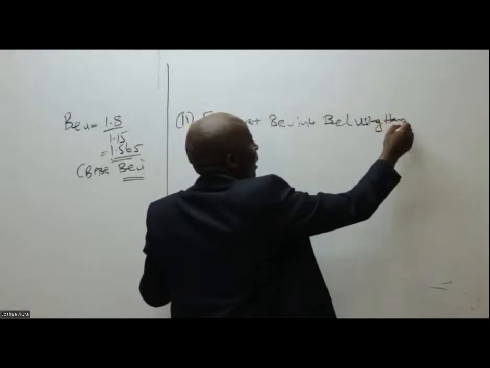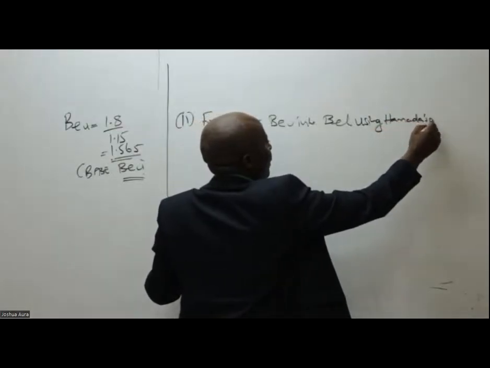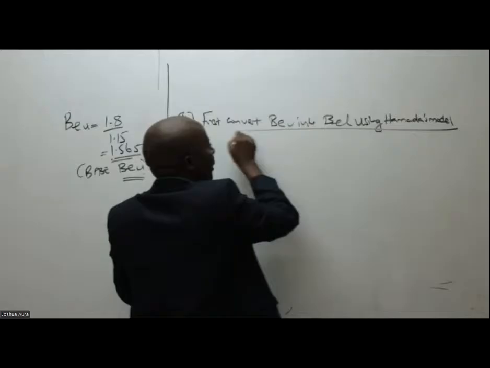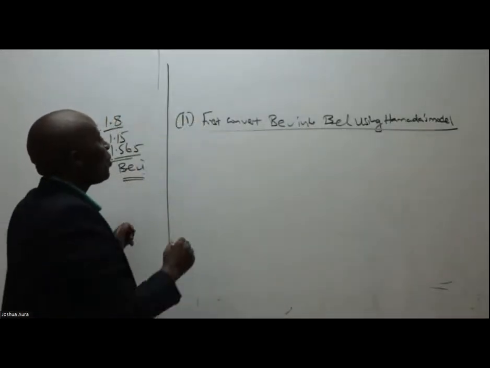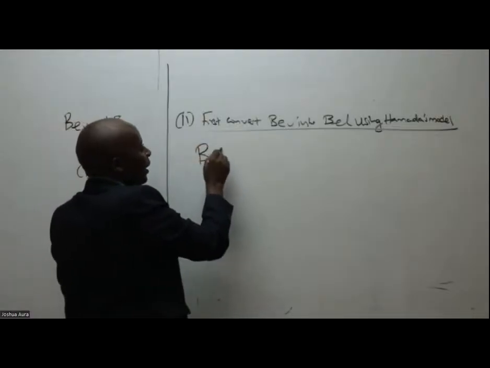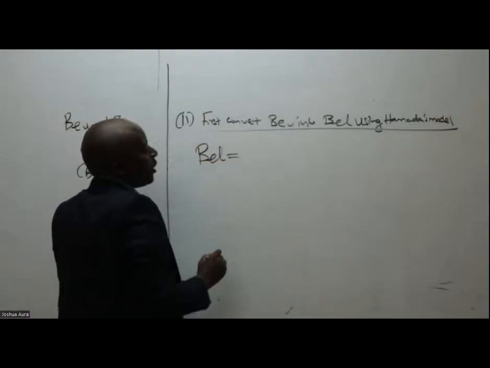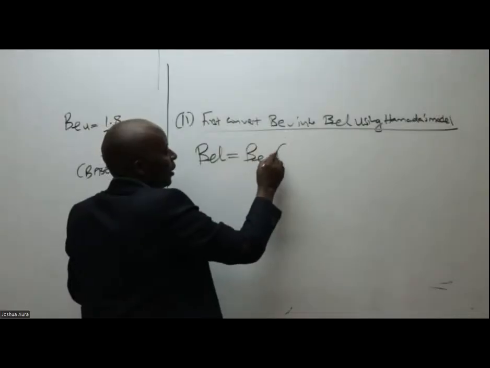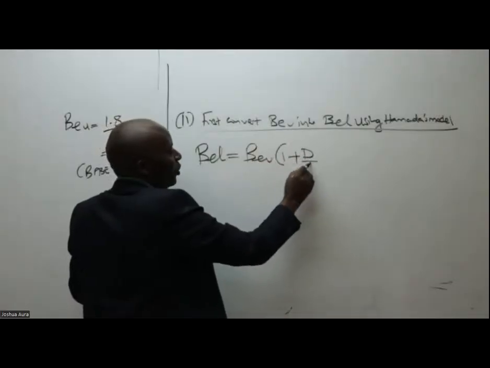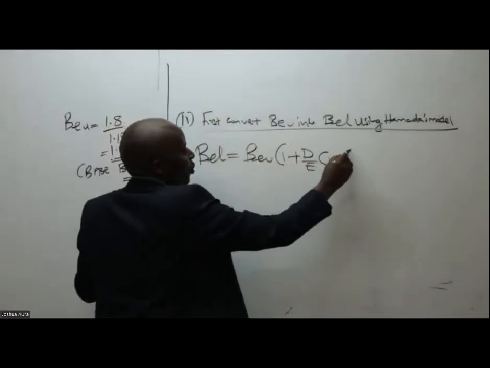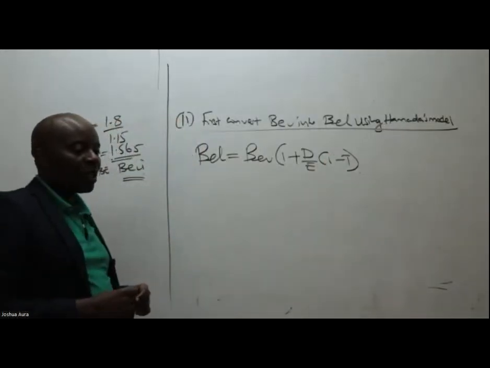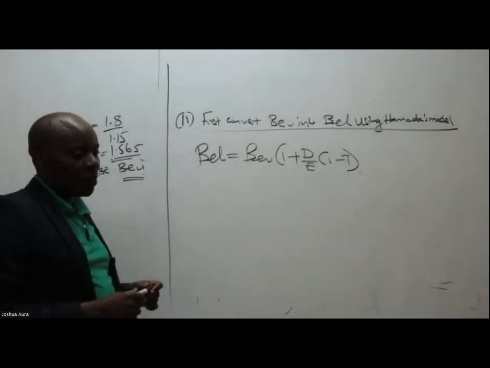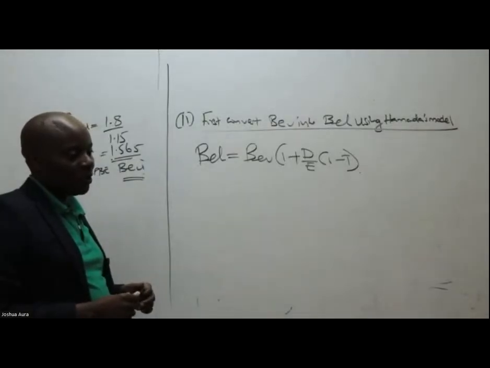Using Hamada's model, we know the formula: beta levered equals beta unlevered into 1 plus debt over equity, into 1 minus taxation.